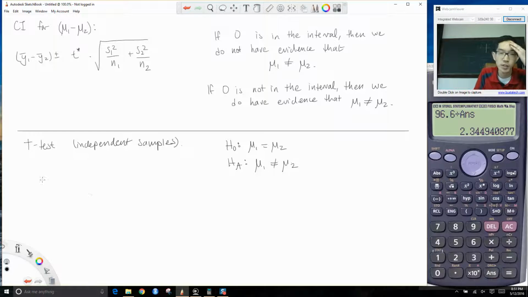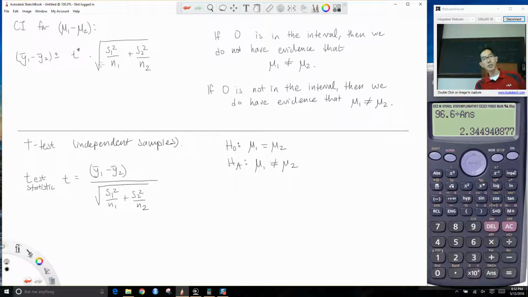Then we calculate a test statistic t equal to y bar 1 minus y bar 2, basically minus 0, divided by the square root of s1 squared over n1 plus s2 squared over n2. We can see that the same elements appear in both of these things.